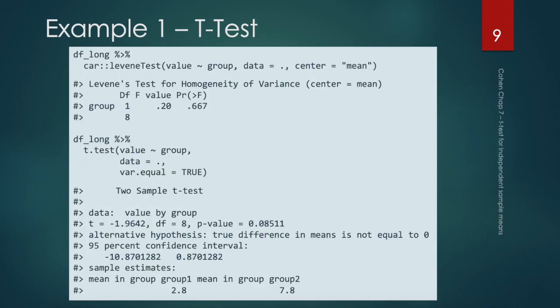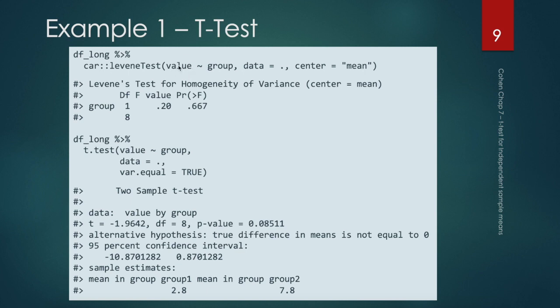So this slide shows how you actually run a t-test. First, we're going to start with the Levene's test. And note, value is our outcome, so that's their response to their depression scores essentially. And then this little thing here is called a tilde. And so it's your outcome tilde grouping variable.